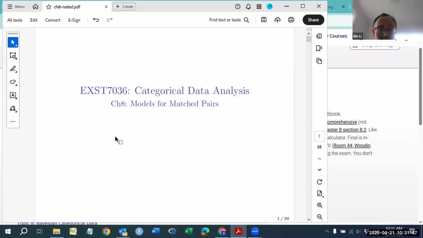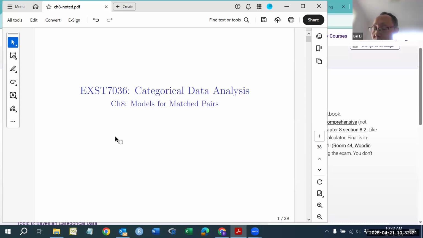Because matched pairs can seem complicated. For most statistical models, hypothesis tests, and inference like confidence intervals, we have a universal assumption, which is the independence assumption. But for matched pairs, it's not independent anymore, it's dependent. So why do we need to do matched pairs?